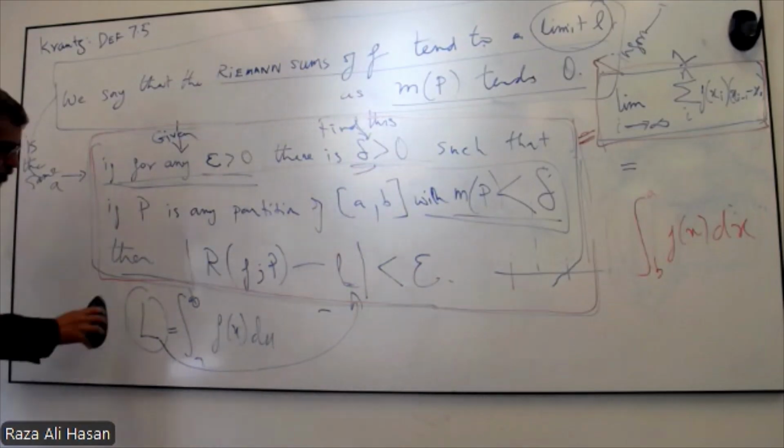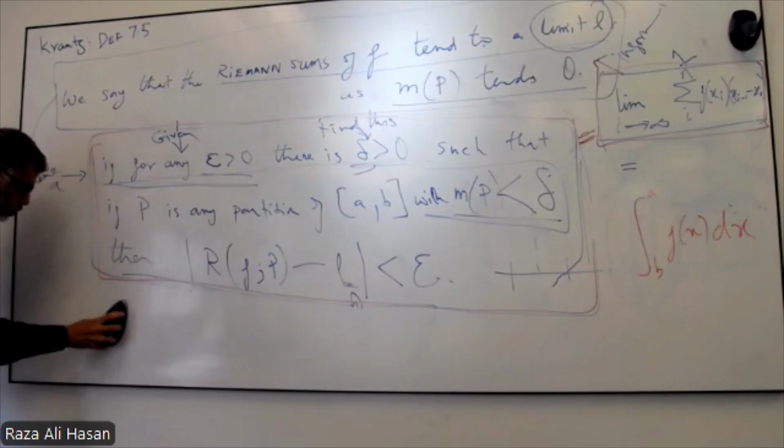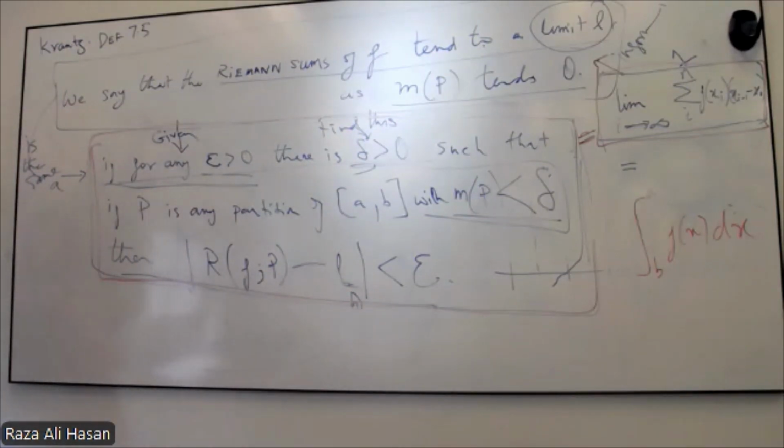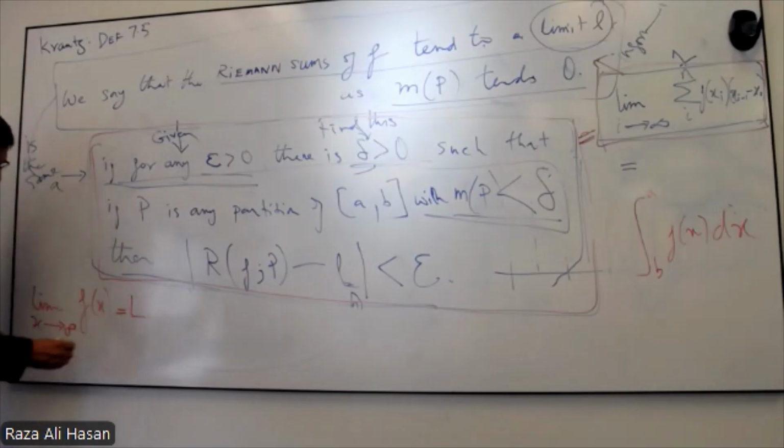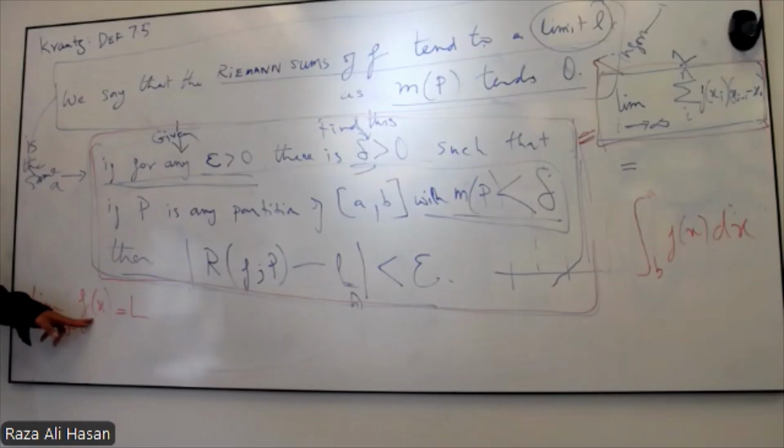Okay, here's something. Maybe this will help. And this is memory. If I write the limit of this function f as x goes to infinity equals L. So the limit, what functional value will f(x) get when x goes to infinity?